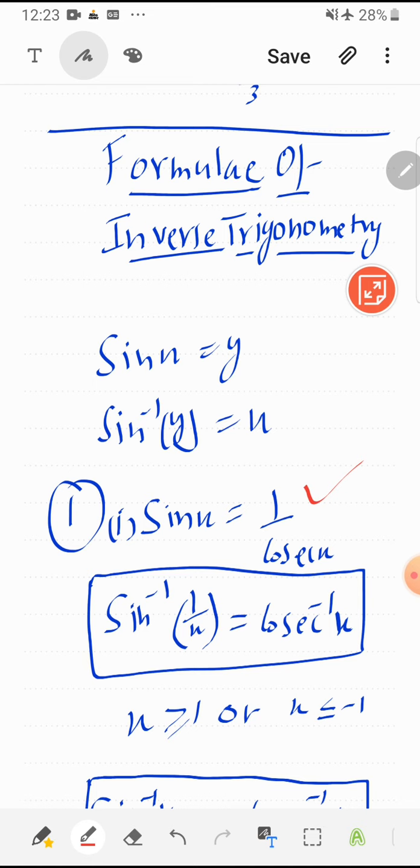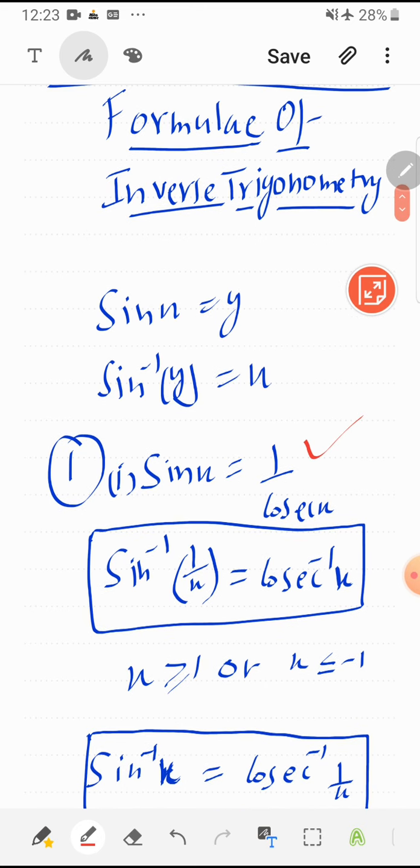That means the value of sine is the reciprocal of the value of cosecant. So what does it mean? It means in inverse trigonometry, 1 by x is representing the value. So sine inverse of 1 by x is equal to cosecant inverse x. So sine inverse is equal to cosecant inverse for the opposite value.